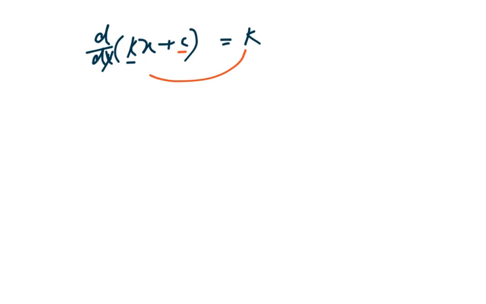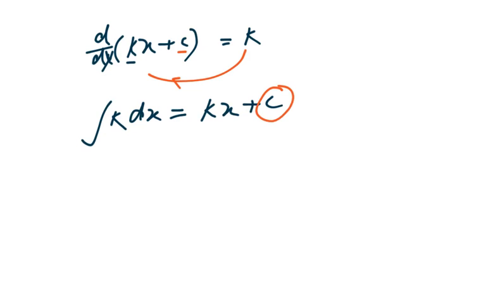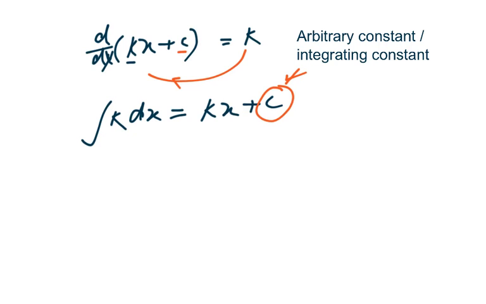So as a reverse process, when you integrate the k in terms of x, you should be able to get kx plus c. There will be a constant after integration. We call c the arbitrary constant or integrating constant.